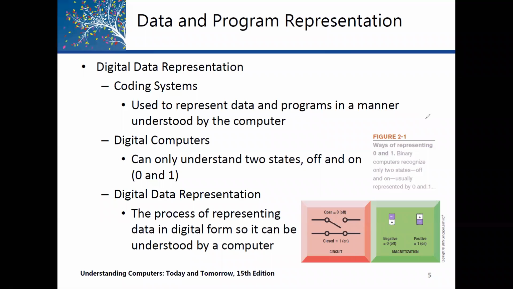And why do we call them digital computers? The word digital means the computer operates on or understands digits only. That's why we call it a digital computer. Digital computers and digital appliances all work on a numeric system, on digits, so they only understand digits.